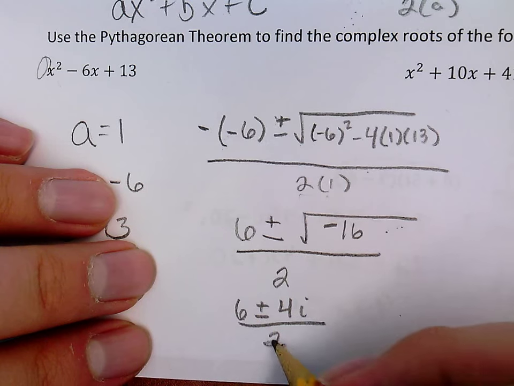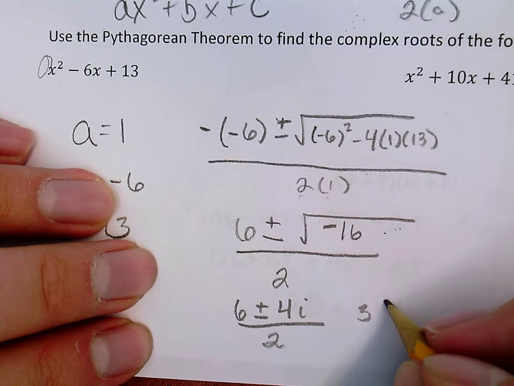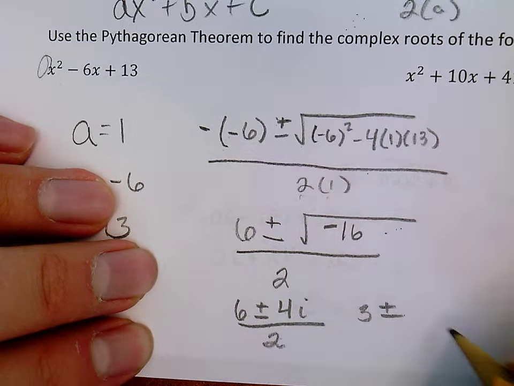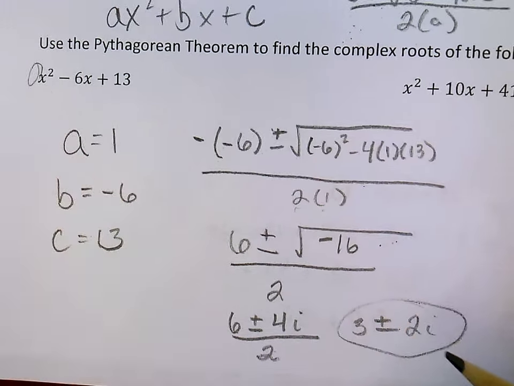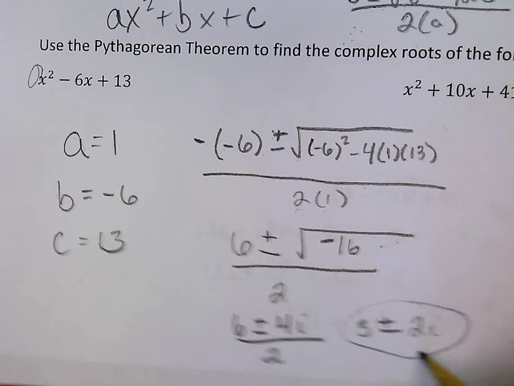Now, since these are all actually divisible by 2, we can just simplify it like so. So we'll take 6 and divide it by 2 and get 3, plus or minus 4 divided by 2, we get 2i. Those are our two zeros. It would be 3 plus 2i and 3 minus 2i.